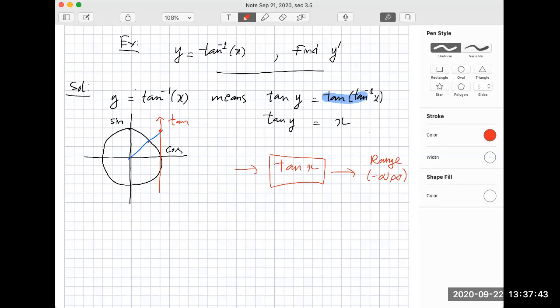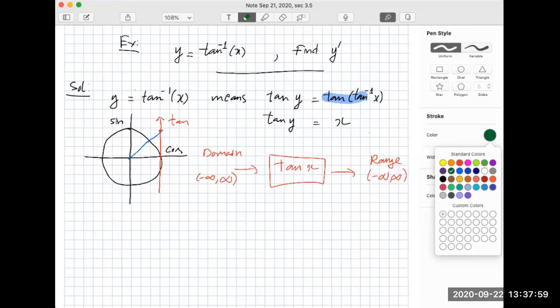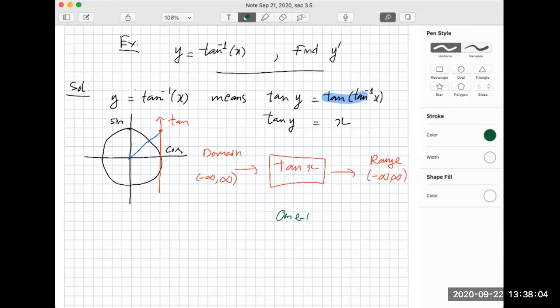The domain of this would be any angle from negative infinity to infinity. But we consider the one-to-one function. One-to-one means that we still need the range from negative infinity to infinity of this tangent function.